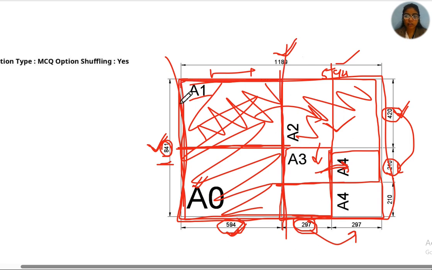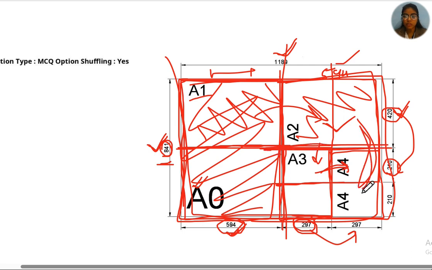Then you are left with two A1 after dividing it into two equal parts. And when you divide this rectangular part into two parts, you will get two A2 sheets. After that, when you divide this A2 sheet, you will get A3 sheets. Then divide the A3 sheet, you will get two A4 sheets. So in this way we are going on.